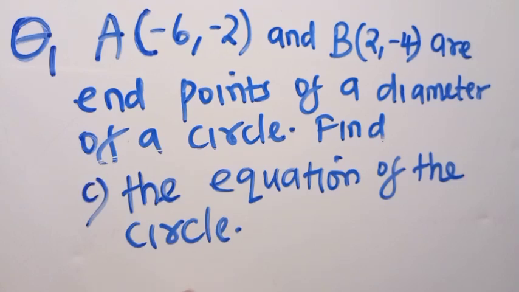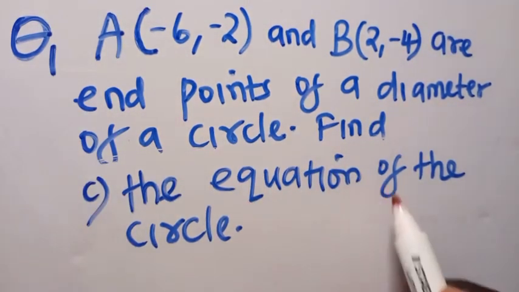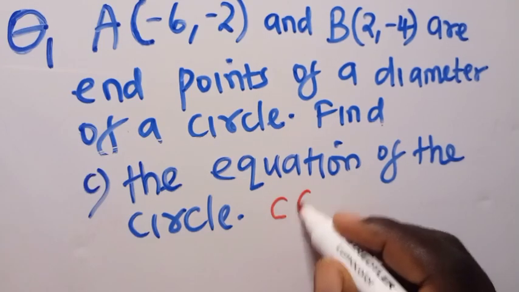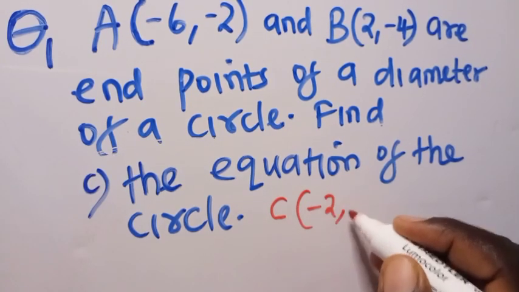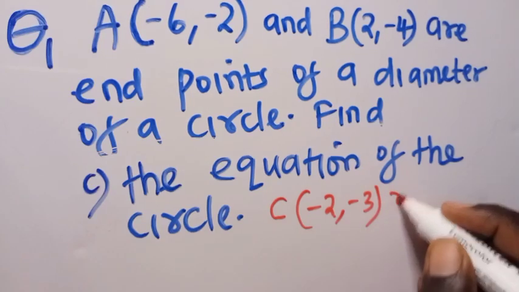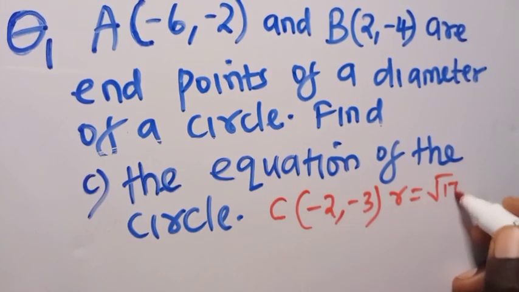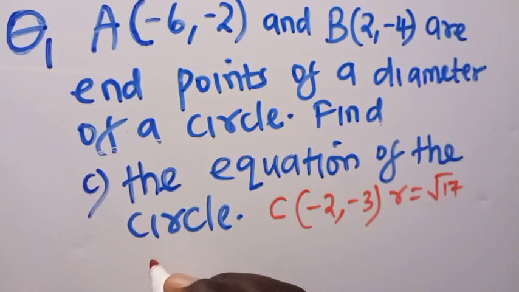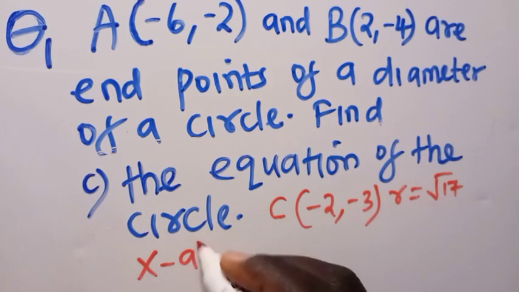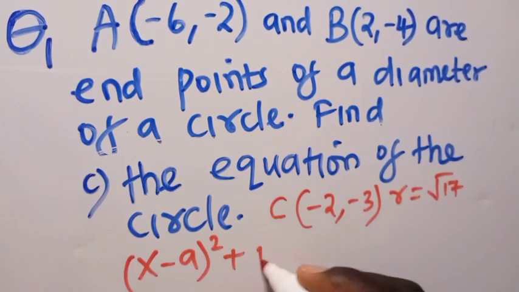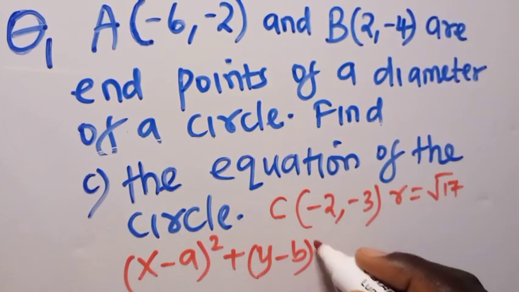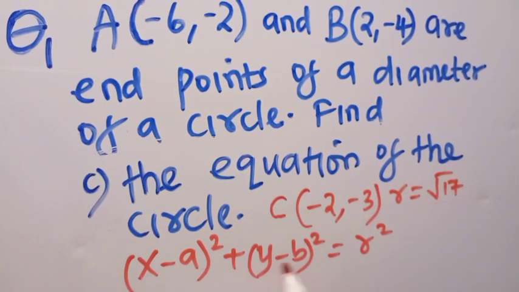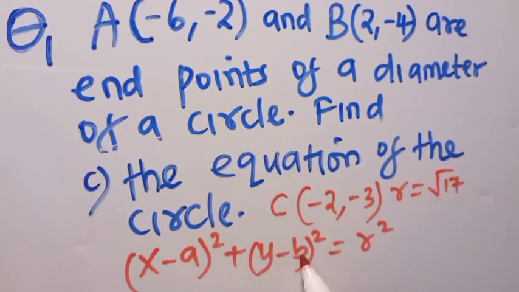Now, lastly, we need to find the equation of the circle. Since we have the center as negative 2, negative 3, and we have the radius as the square root of 17, and we also know that the general equation of a circle is given by x minus a, squared, plus y minus b, squared equals r squared, where a and b are the coordinates of the center.